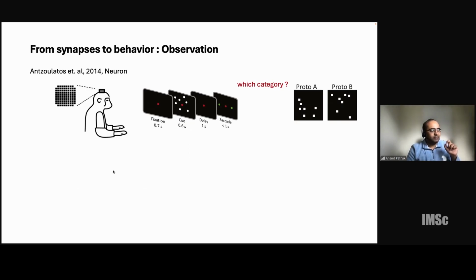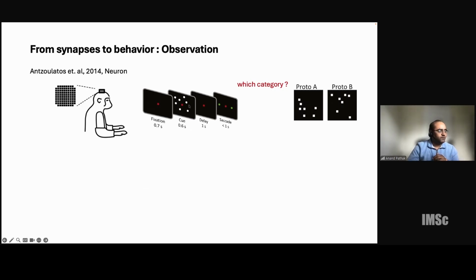The task is that the monkey has to look at random dot patterns, and the dot patterns are from one of two prototypes. So it's a distorted version of either A or B. The monkey has no idea a priori. The monkey has not seen these patterns before, but has to discover how to distinguish between A and B and indicate which category it is by a saccade.